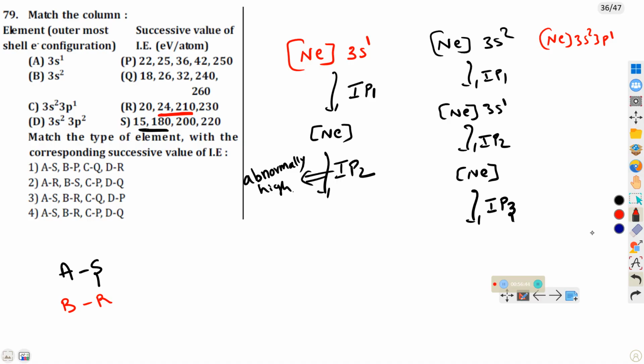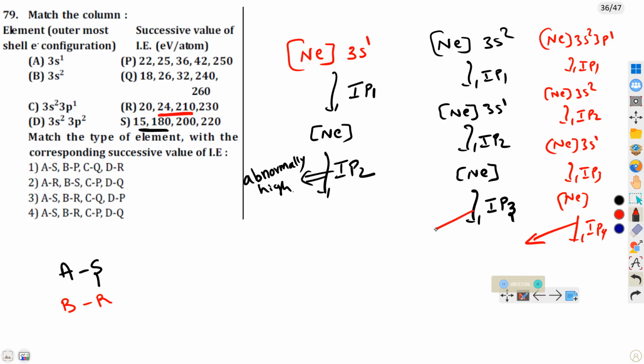So IP1, neon 3s2; IP2, neon 3s1; IP3, neon; IP4 value abnormally high. Based on that, the fourth value is abnormally high. Third option is correct.